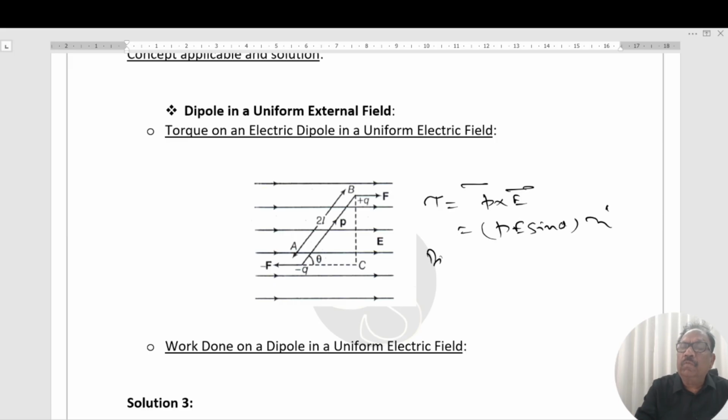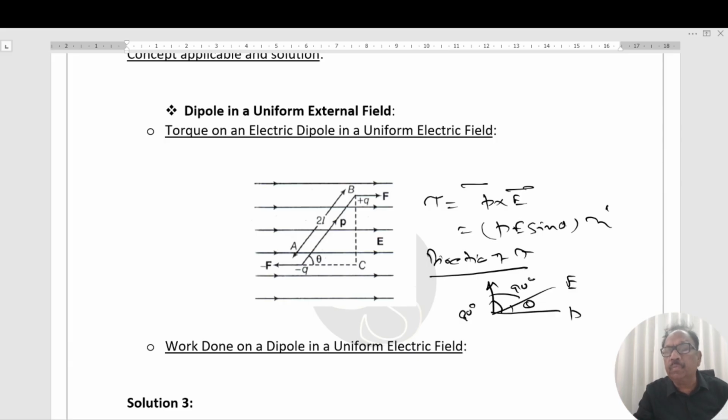So the direction of torque will be, suppose one is P, one is E, this is theta, and this will be 90 degrees, this will be 90 degrees, perpendicular to both the directions because of the cross product. The answer is PE sin theta into a unit vector perpendicular to both vectors.